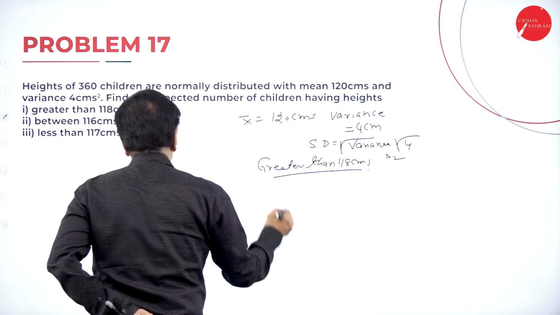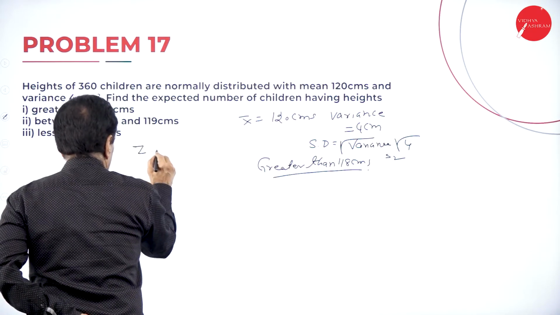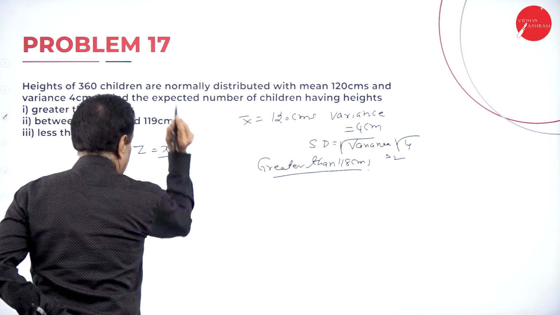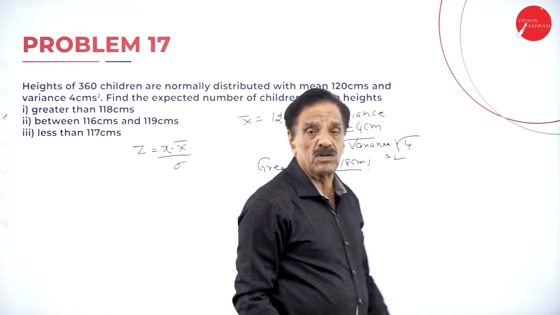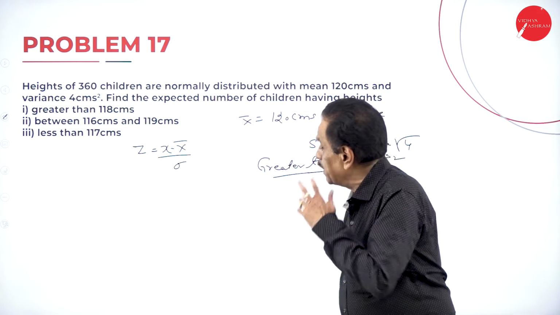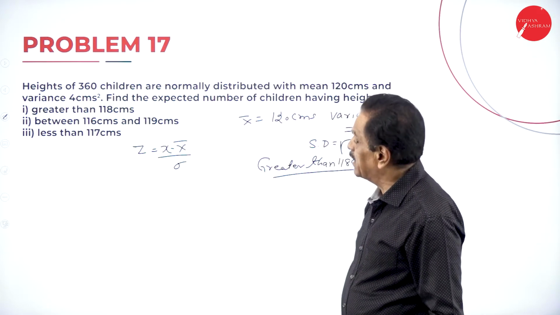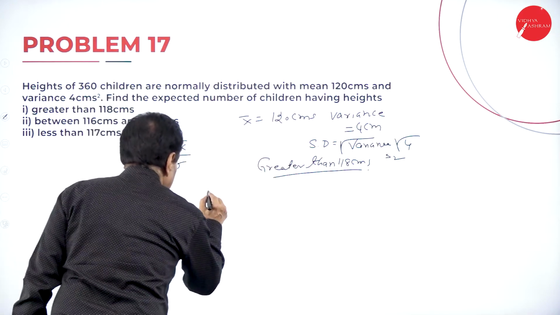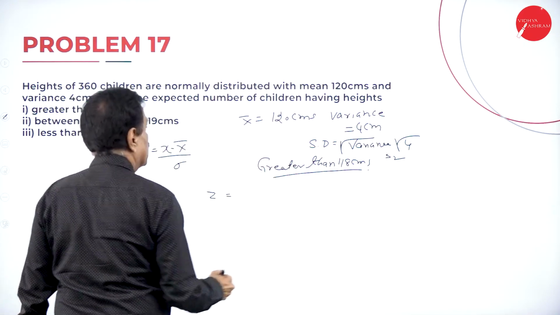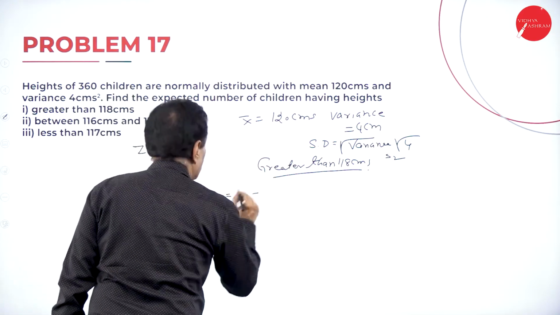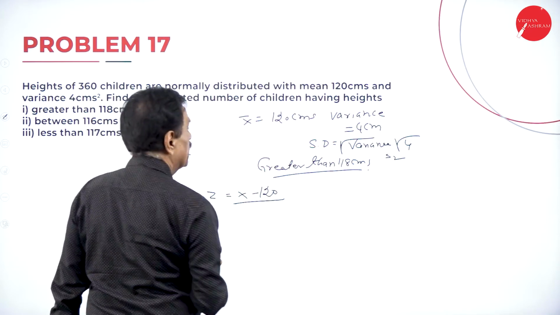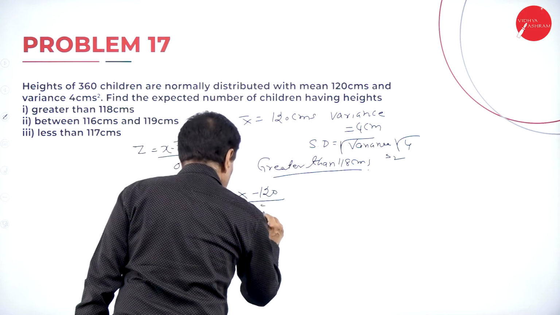The formula for normal distribution: z is equal to x minus mean divided by standard deviation. This is a standard formula you are going to use. So slowly we can apply it. What's your mean? 120, divided by standard deviation, which is 2.